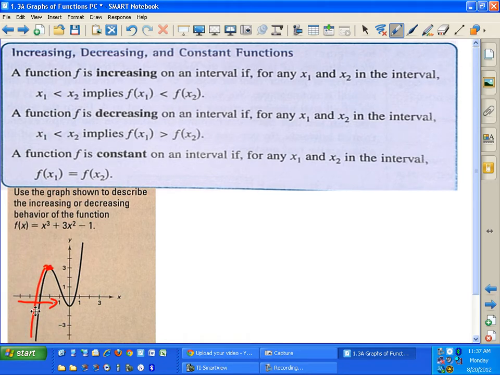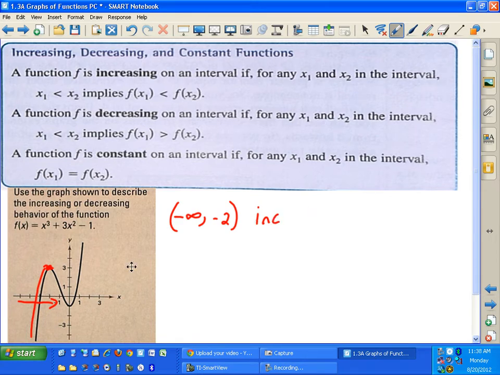The graph is going up. As my x values increase, my y values are increasing. So between -infinity and about -2, as my x values increase, my y values increase. So this is what we call an increasing function.